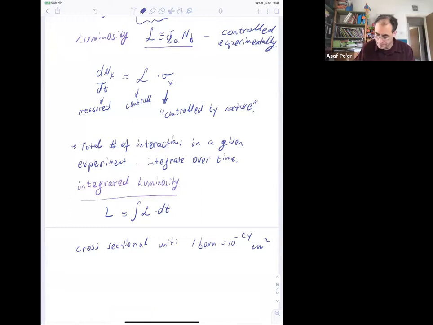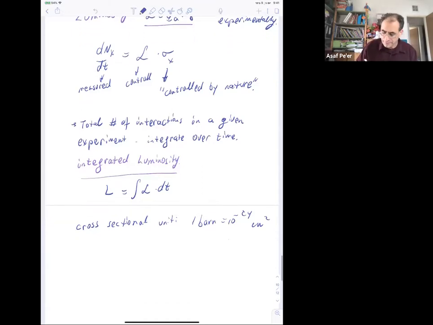But in reality, for most processes we are interested in, it will be in the region of nanobarn, even down to femtobarn. And when we speak today of detecting dark matter particles, they go to 10 to the minus 20 barn or so. I'm not even sure how to write it down.